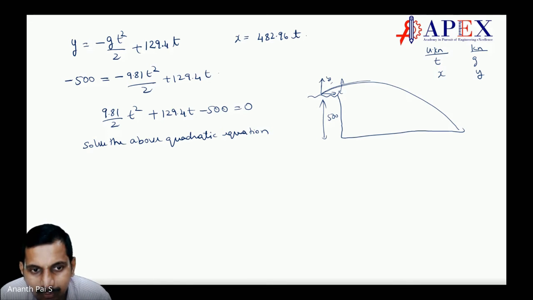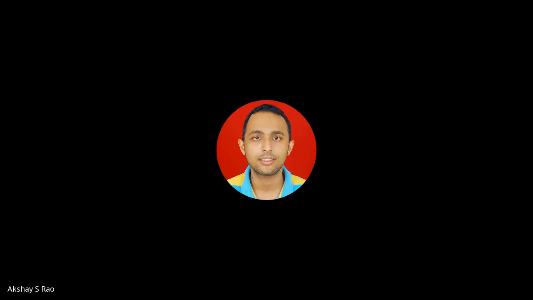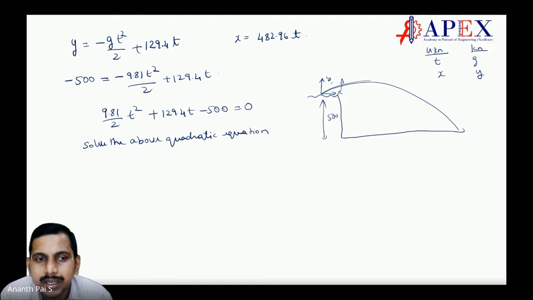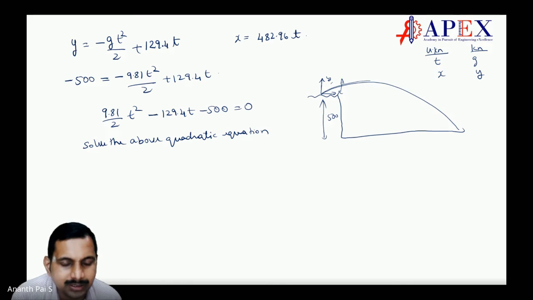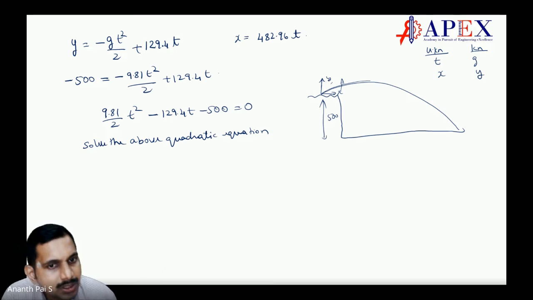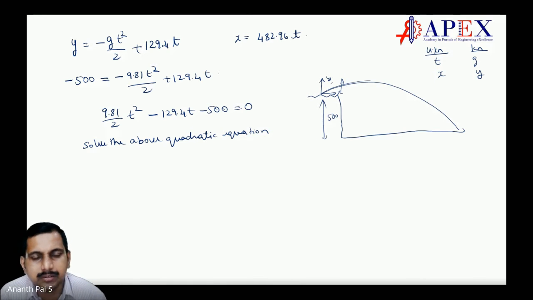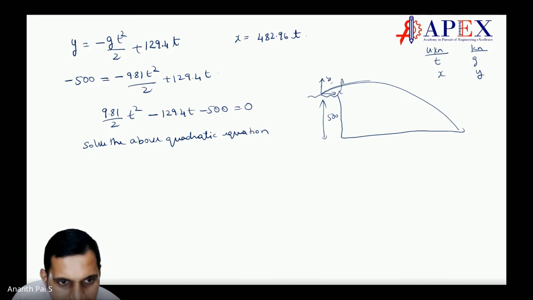Why did you say it should be minus? Sir, when we bring it to the left hand side it becomes minus. Left hand side, we brought it to the left hand side, so that I said. Correct. I'm sorry. My bad. It's minus. Correct. So this is the equation. Can we solve this? Solve this quadratic equation and you will get t.